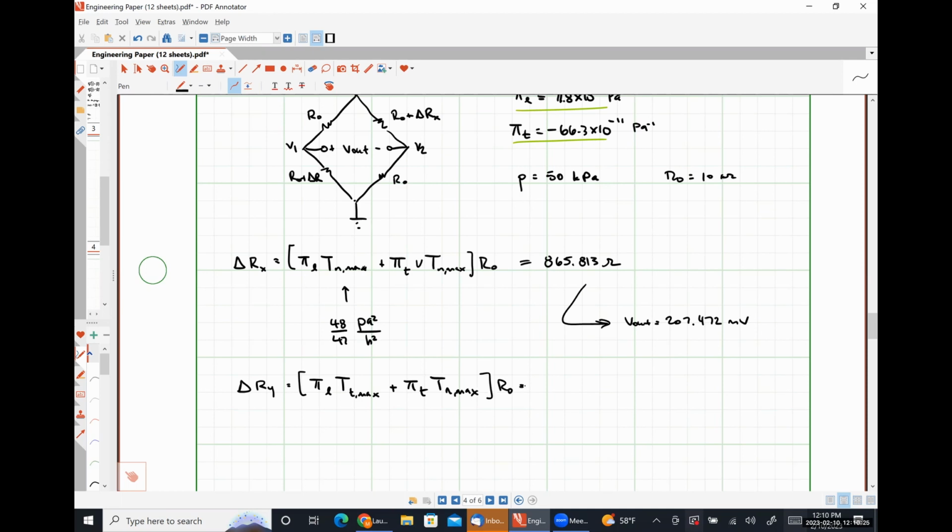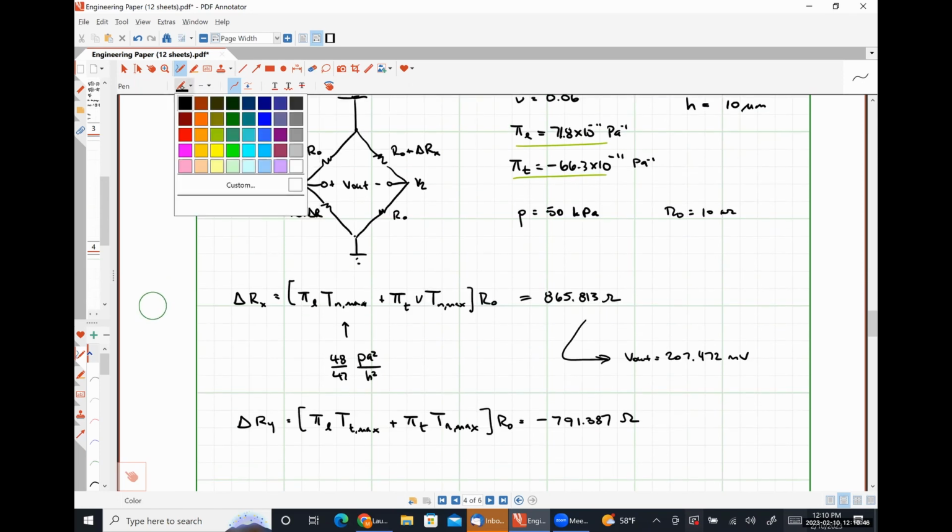So literally the same stresses that we calculated previously, but now they've swapped piezoresistive coefficients. And you'd wind up getting a negative resistance change, 791.387 ohms in the Y direction, right?